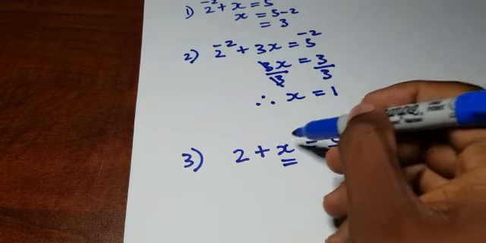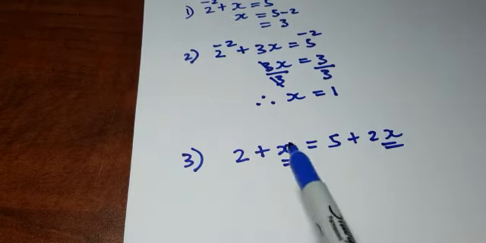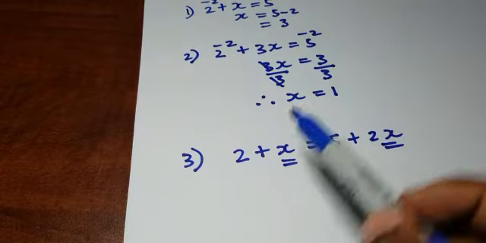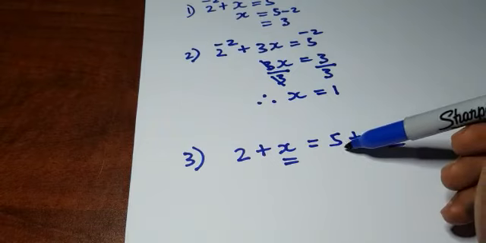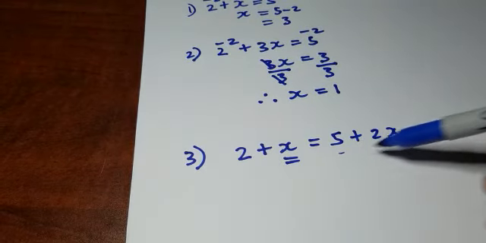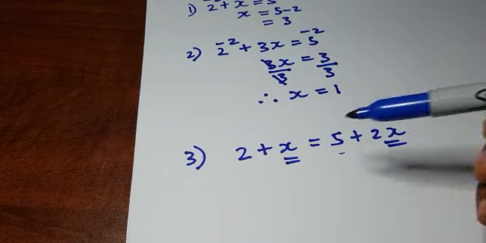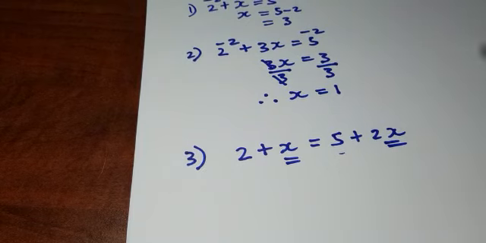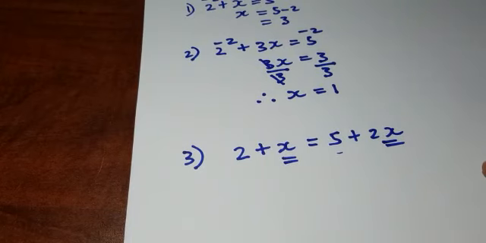So if somehow I could get this removed here and just have x on this side of the equation by removing this 2 here and just having a number alone on this side, so x on one side and a number on the other side of the equation, then we're great. So we can start by deciding where we would like to have our x's and the numbers, which side.